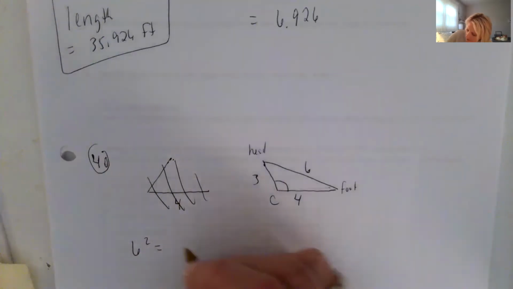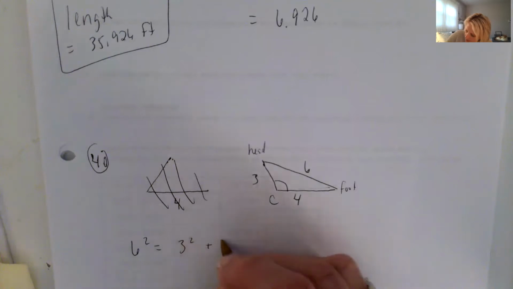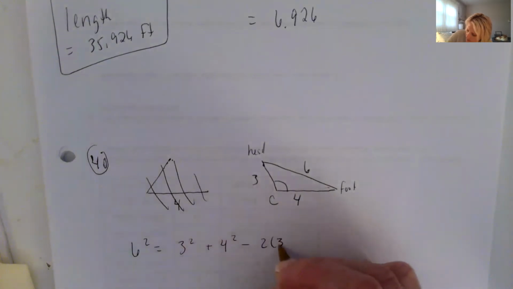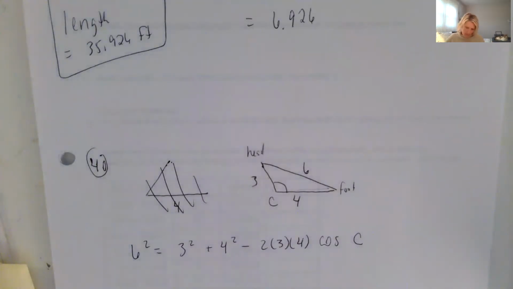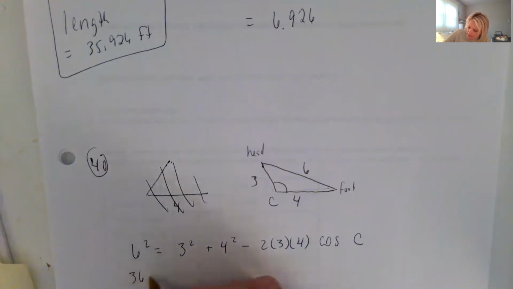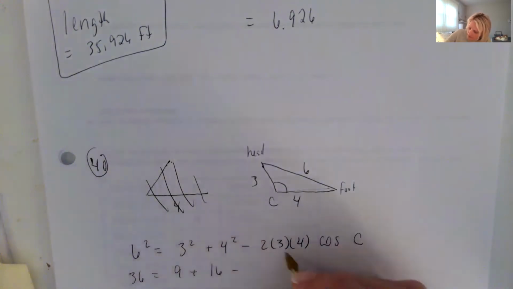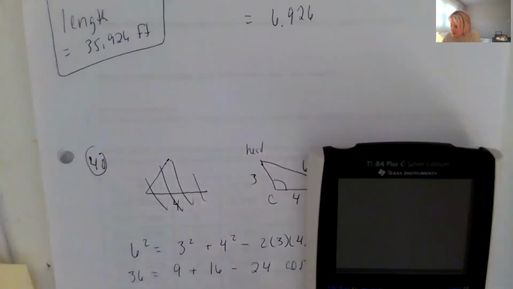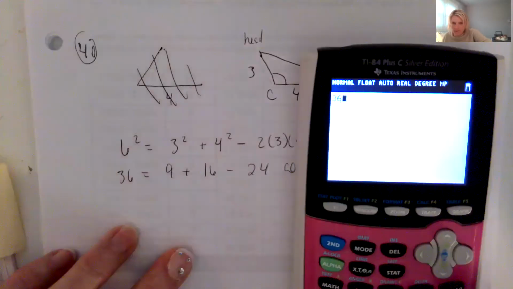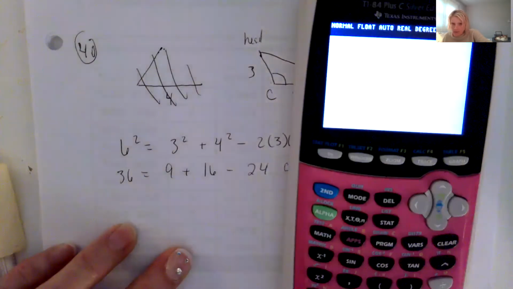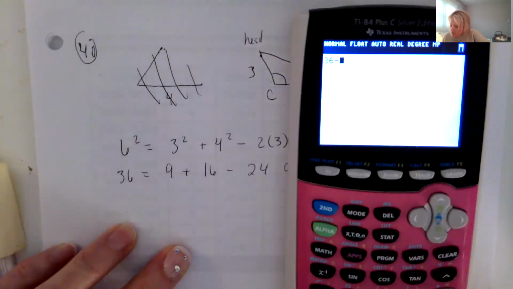So 6 squared is equal to 3 squared plus 4 squared minus 2 times 3 times 4 times the cosine of C. Okay, so we've got 36 equals 9 plus 16 minus 24 cosine of C. So then we have 36 minus 9 minus 16.